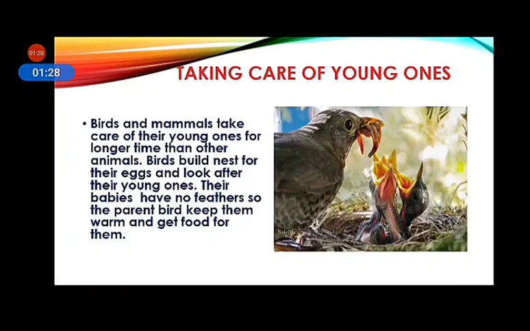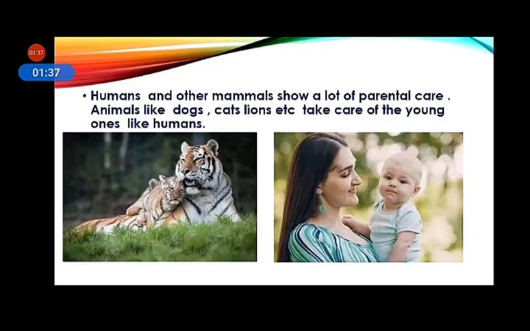Their babies have no feathers, so the parent bird keeps them warm and gets food for them. Similarly, humans and other mammals show a lot of parental care. Animals like dogs, cats, lions, etc. take care of their young ones like humans.